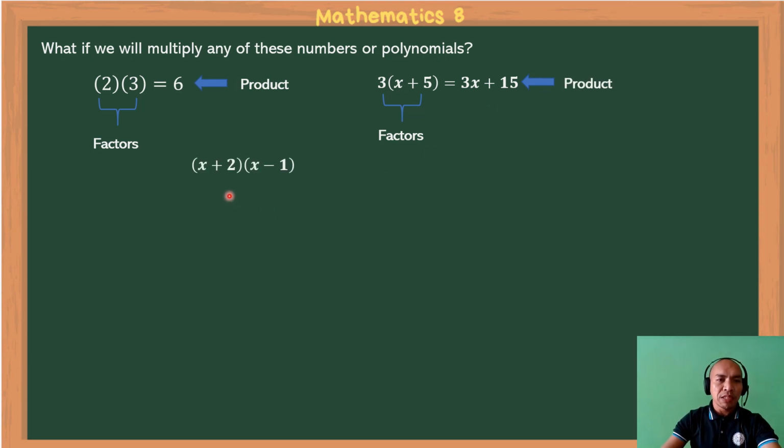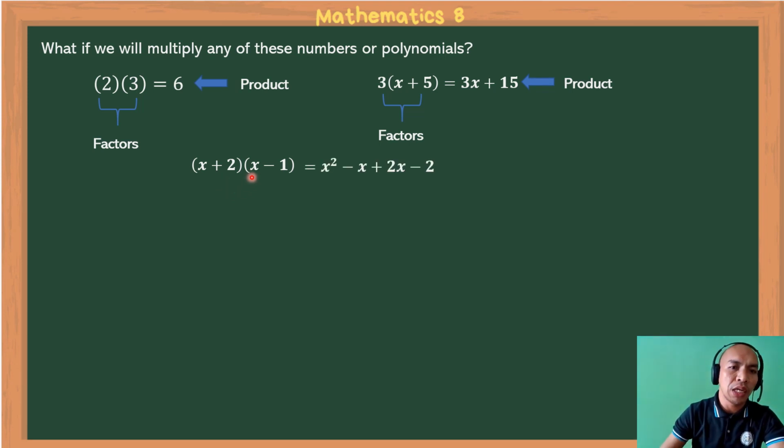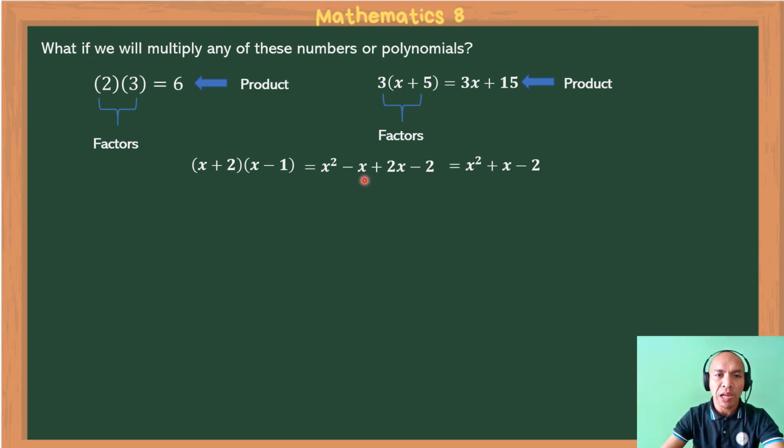Suppose we have this example, x plus 2 times x minus 1. Doing it again by the FOIL method, x times x is x squared. x times negative 1 is negative x. 2 times x is positive 2x. 2 times negative 1 is negative 2. By simplification, we can combine like terms, negative x plus positive 2x.